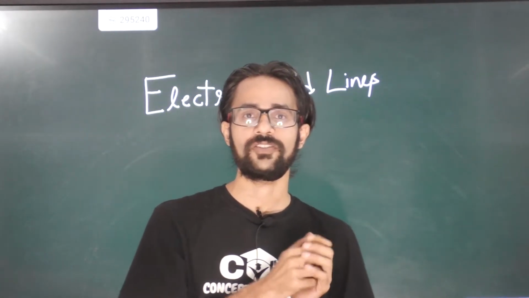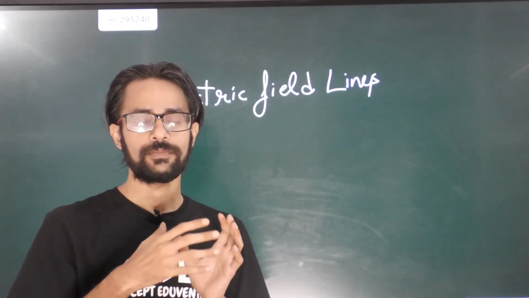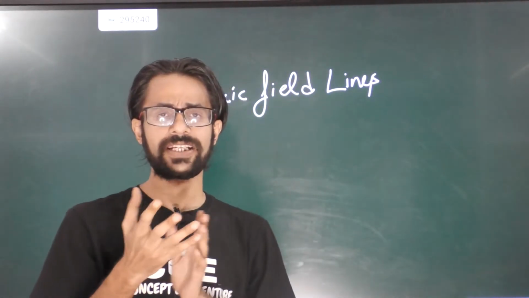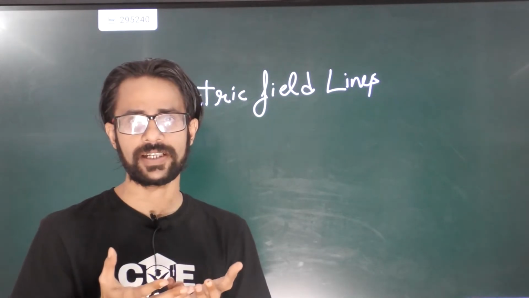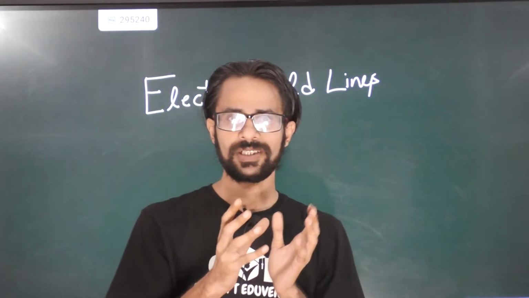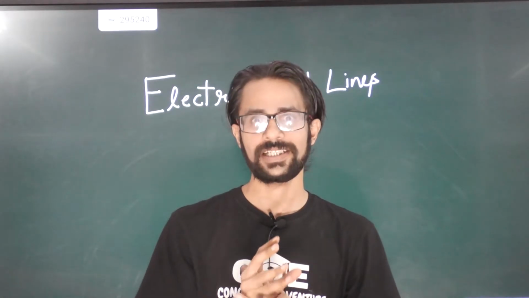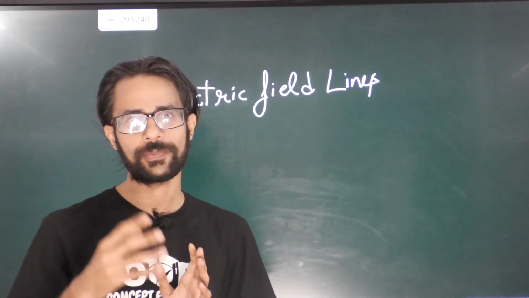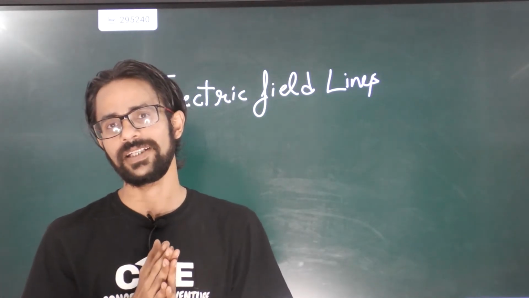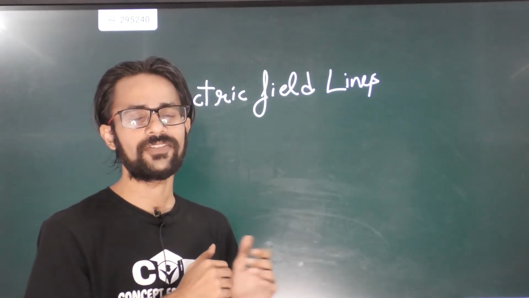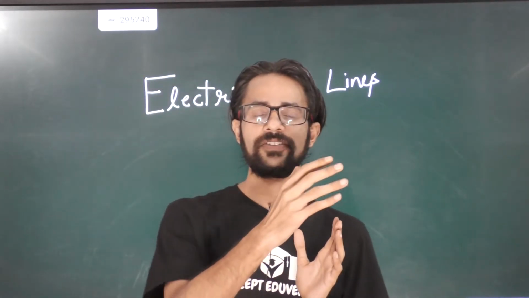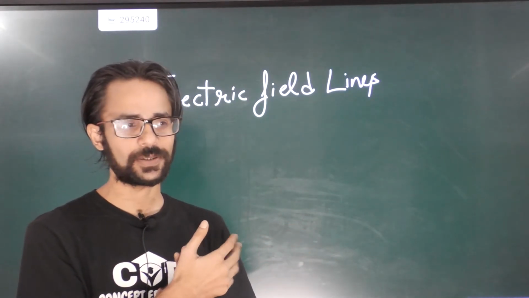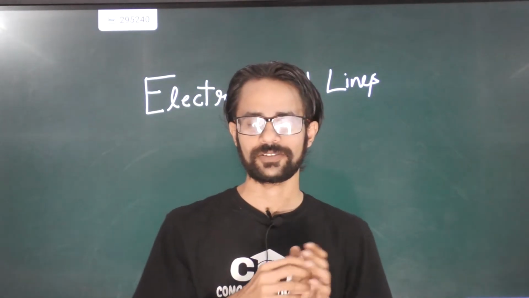But Michael Faraday wanted everyone to understand what field lines are, so that when I say field lines, a picture comes in the mind. In the same way that an apple comes to mind, Michael Faraday introduced electric field lines, so you can imagine how it works.